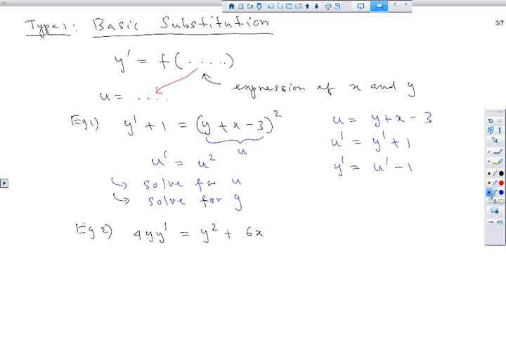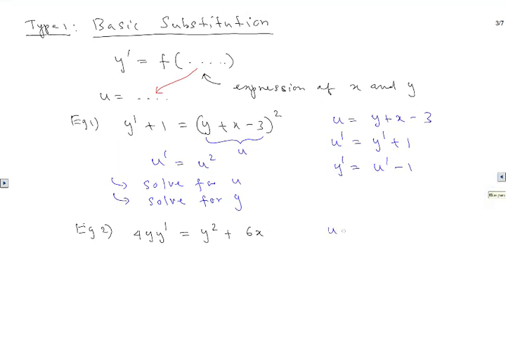We substitute u equal y squared, because once you do that, by the chain rule u prime is 2y prime. So you can simply substitute that here, and this becomes 2u prime equal u plus 6x, and this is just a first order linear equation.